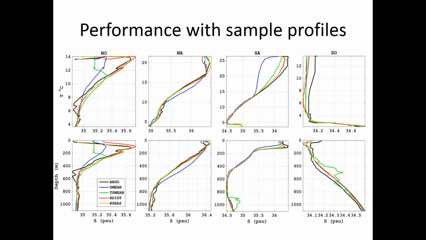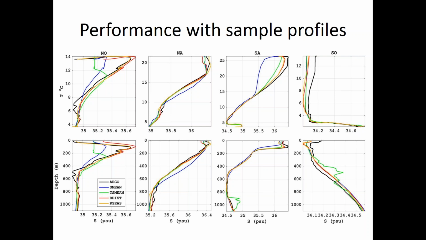This is generally captured if you apply the TS mean, so that would conserve the TS in most of the cases. But with the TS mean, just using the TS, you have a problem in regions where you have a stronger nonlinear relationship between the T and S. It's very good where you have a linear relationship, and it fails, for example, in the South Atlantic, where you have the Antarctic intermediate water.